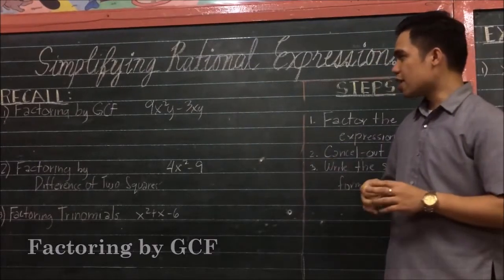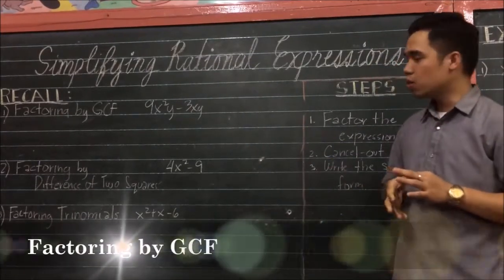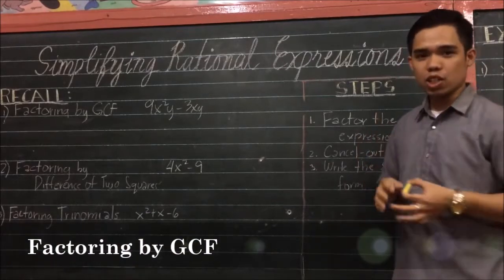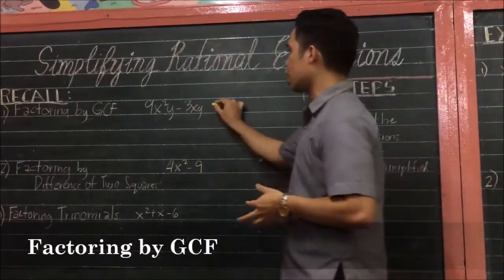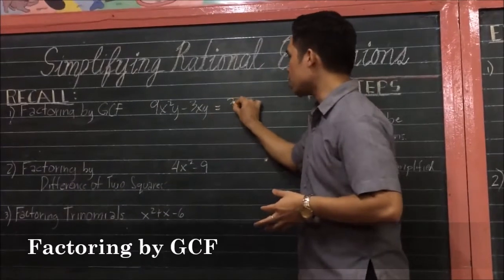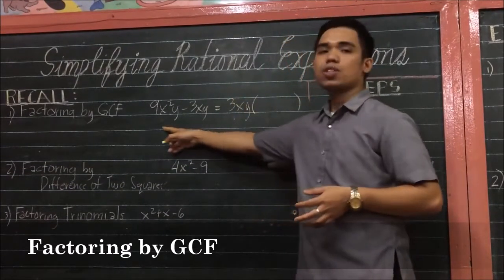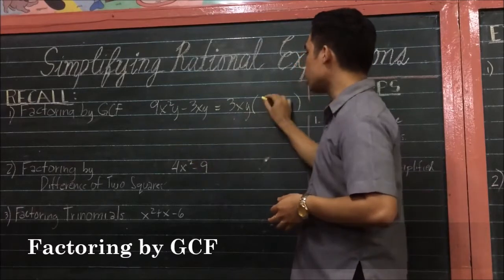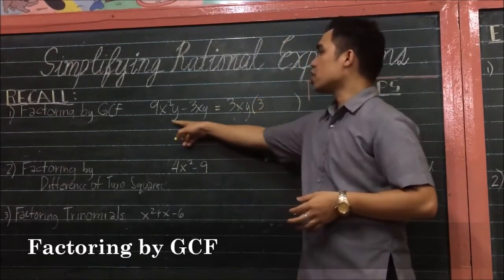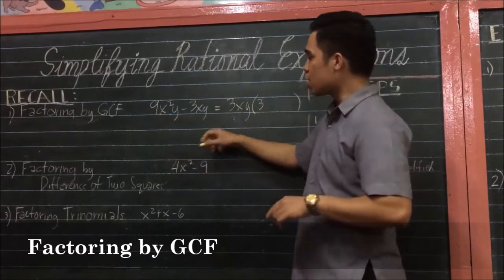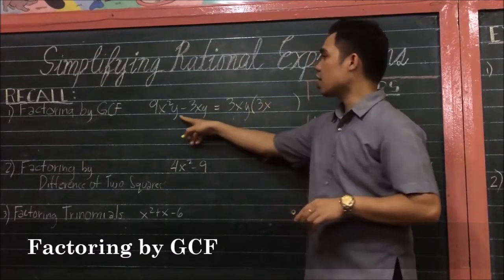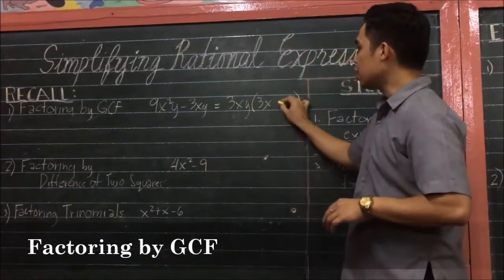In 9x squared y minus 3xy, the common expression is 3xy. So we take out 3xy, and what's left inside? Since we take out 3, 9 divided by 3 is 3. We take out 1x, we still have 1x left. We take out y, so no more y.